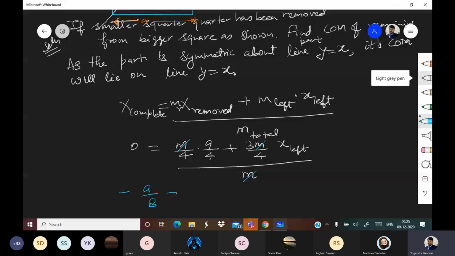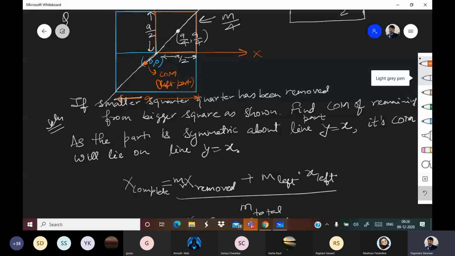Minus a by 6 means it will be somewhere here. So this will be the center of mass of the left part. Clear?